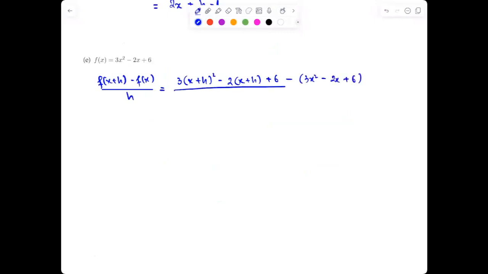So again, you start the problem with the formula f of x plus h minus f of x over h. Right. So for f of x plus h, you do 3 times x plus h squared minus 2 times x plus h plus 6 minus 3x squared minus 2x plus 6 altogether divided by h.